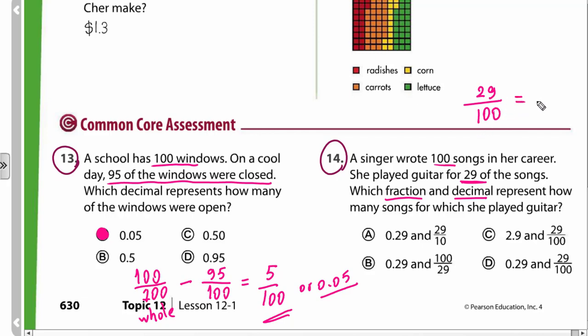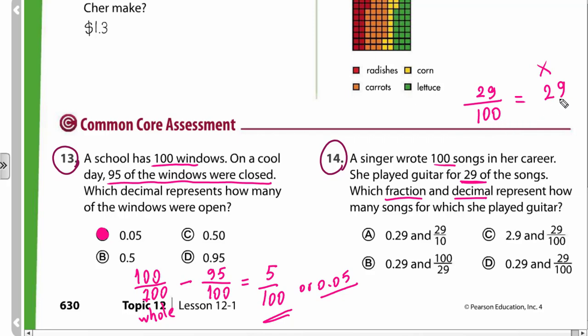What is the decimal? 29 whole. Of course, no, this is not whole. Use the decimal point. Okay, how many digits do we need to the right of the point? We have 100 in the denominator, so we need 2 digits.